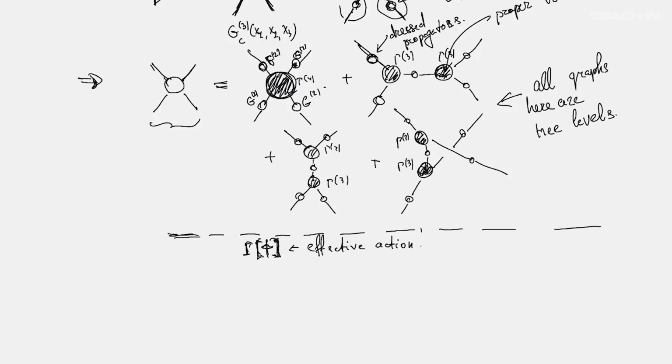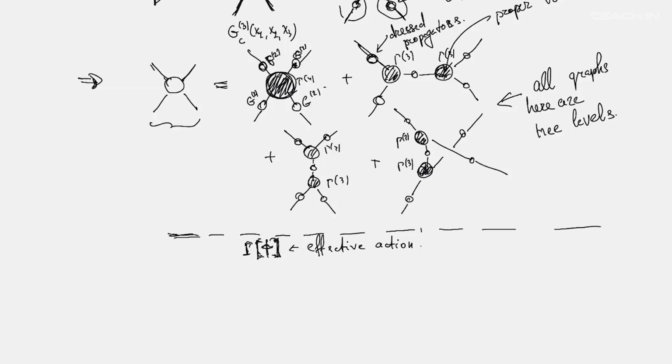So I explained to you the origin of this effective action, how it arises, and why it's called effective: it's effectively summed up, or maybe we did not sum up the loops, but we clearly identified their contribution.